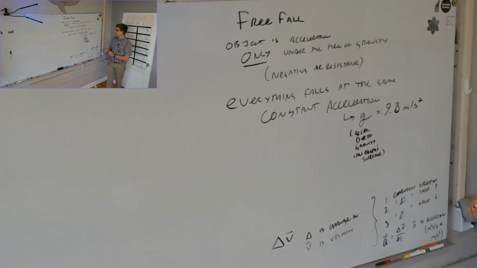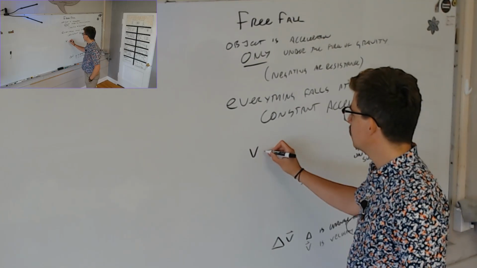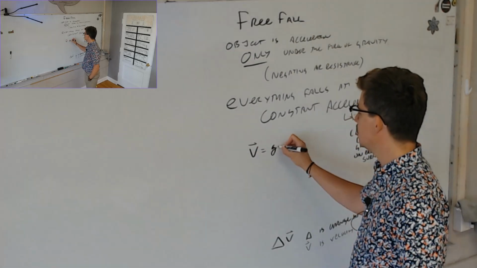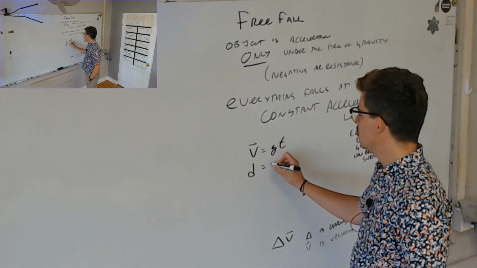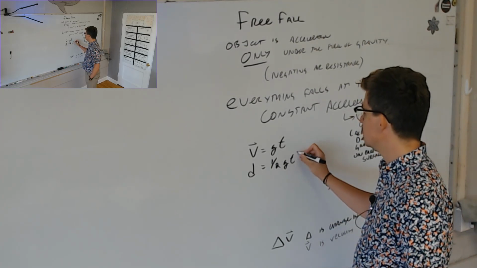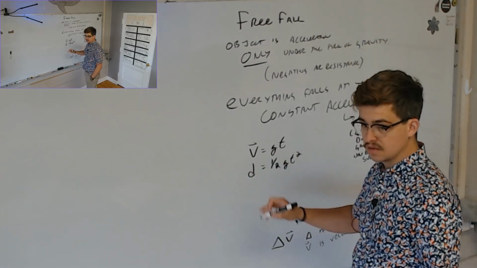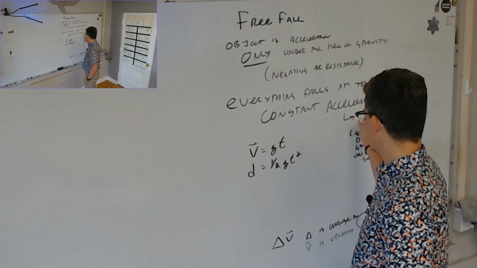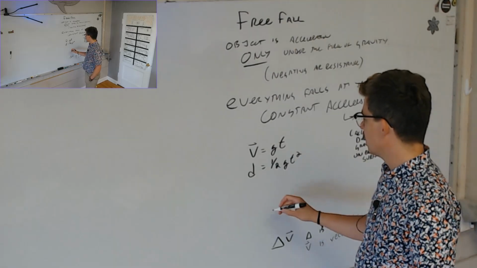The equations that you need for free fall are v equals gt and d equals 1/2 gt squared, where v again is velocity, g again is acceleration due to gravity, t again is time, and d again is distance.